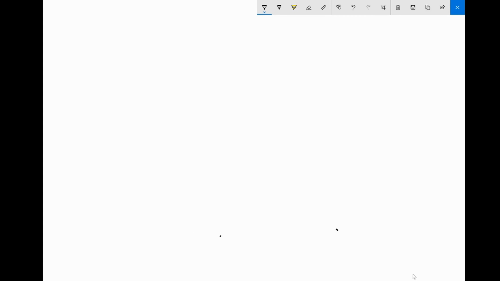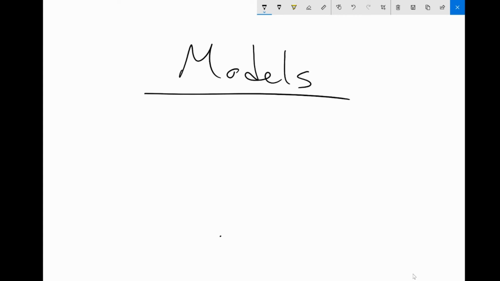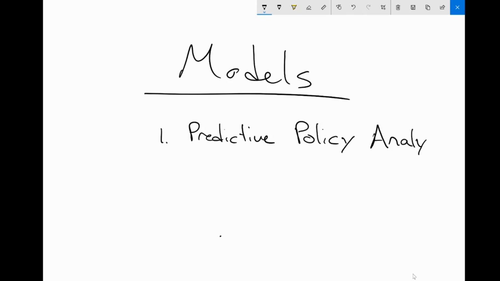So we can use these models to, one, do some kind of predictive policy analysis. We can try to predict what effect policies or interventions might have based on a mathematical model of human decision making and human behavior.